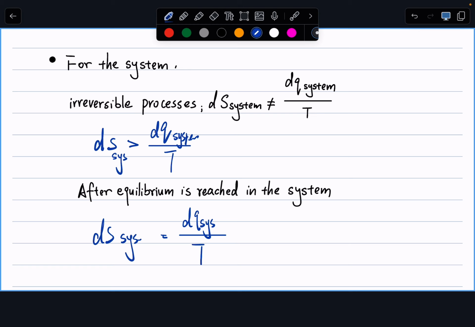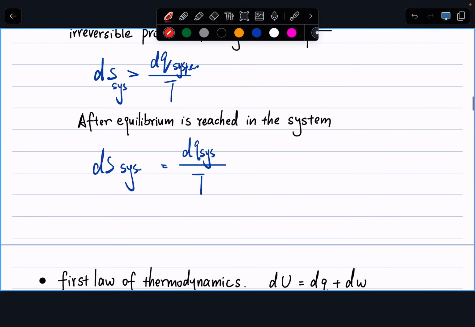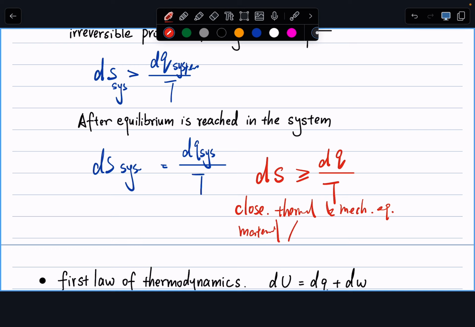If we take both of them into consideration, we can generalize this conclusion to say that my dS is always larger than or equal to dQ over T whenever you have a closed system that's at thermal and mechanical equilibrium, and there can be material or phase change. It's larger than this value when the process is irreversible. It's equal when they are reversible.